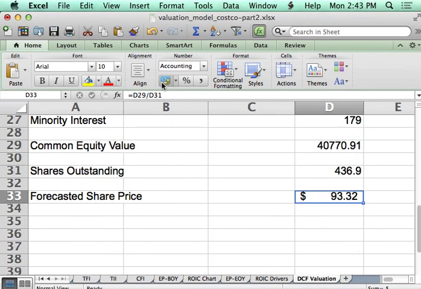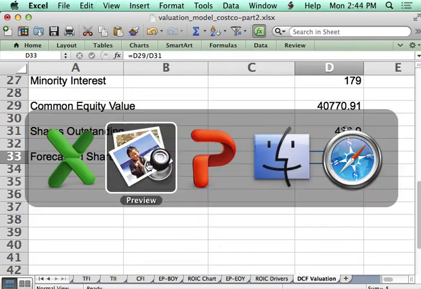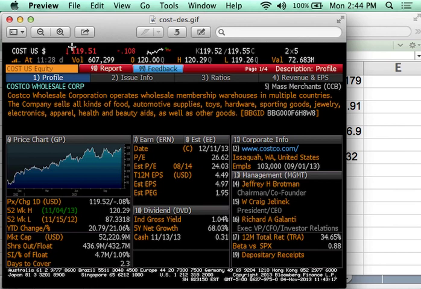So format that as a price, $93 a share. So what we've basically done is we've said that assuming all of our assumptions come true, then Costco is worth about $93 a share on a cash flow basis. Right? Now, today, at time of valuation, Costco is trading at $119 per share.